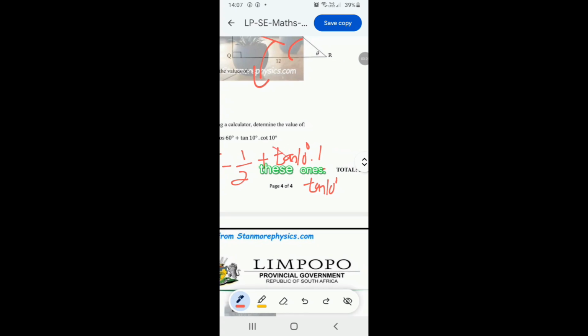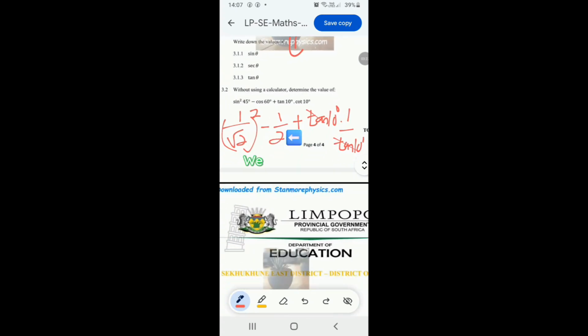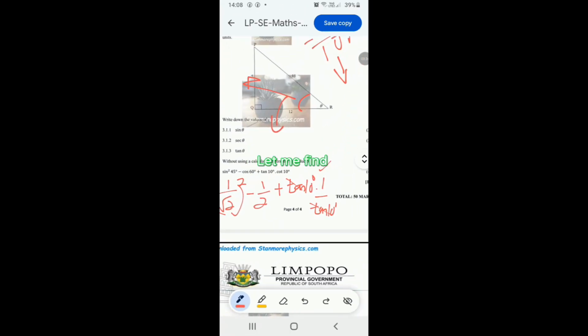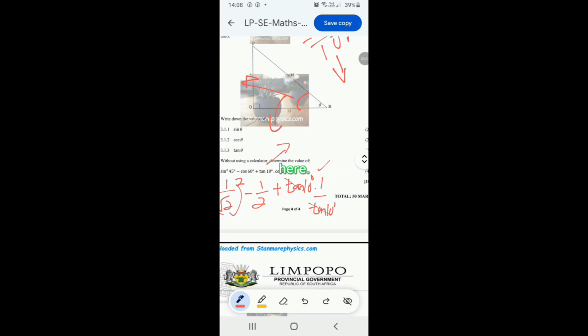So we cancel these ones, and we are left with only that one. Okay, let me create some space. This one we simplify with the calculator. We're going to get 1 over 2. Then we have this one, minus 1 over 2, and plus 1. The answer is 1.